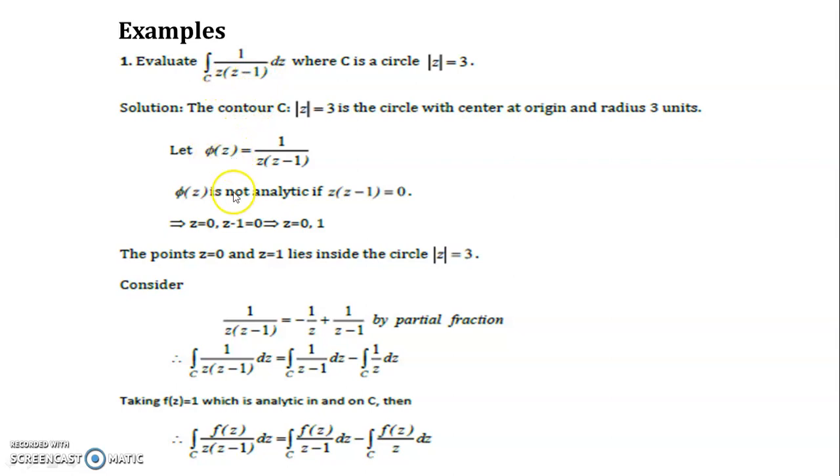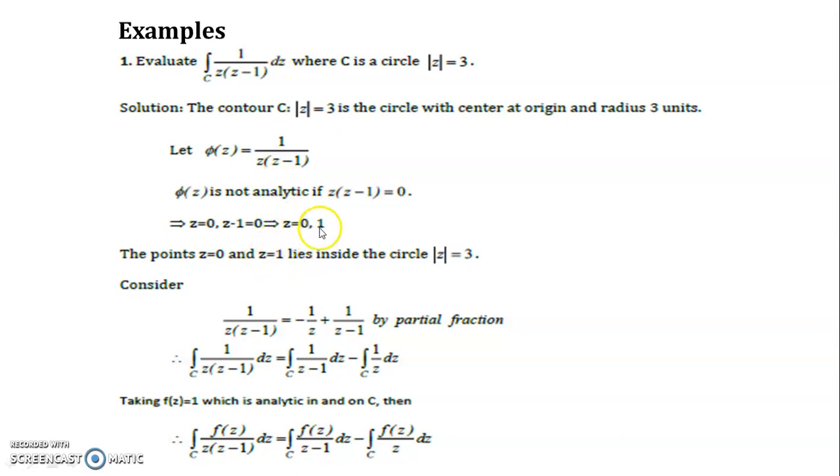This phi z is not analytic if z into z minus 1 equals 0, because then the denominator becomes 0, so 1 over 0 makes phi z infinity. That means it has a singularity, which is why phi z is not analytic there. Equating the denominator to 0, we get the points z equal to 0 and z minus 1 equal to 0, that is, z equal to 1.